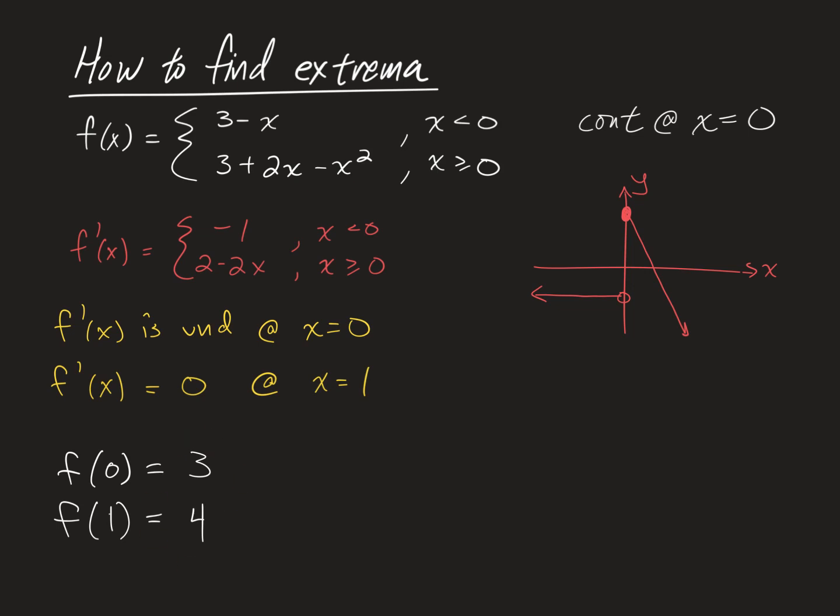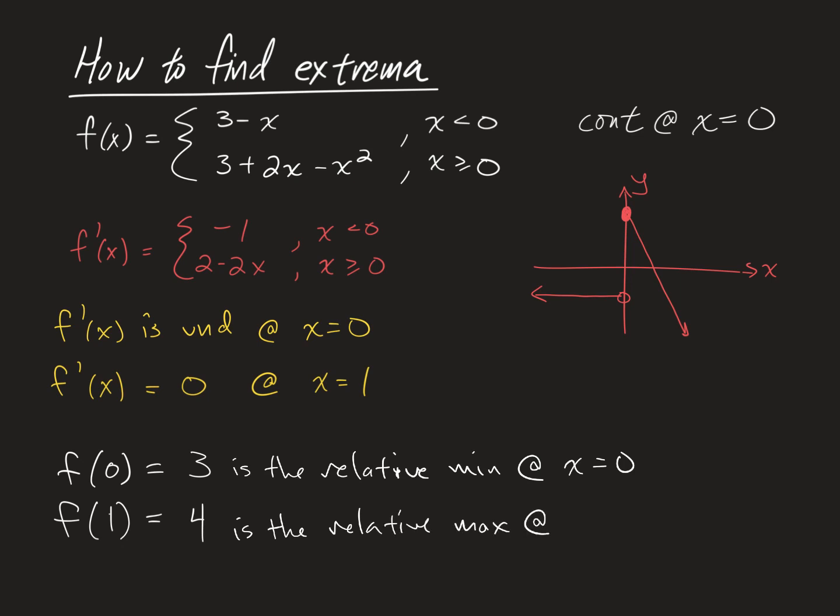So yes, 3 is the relative min at x equals 0, and 4 is the relative max at x equals 1.